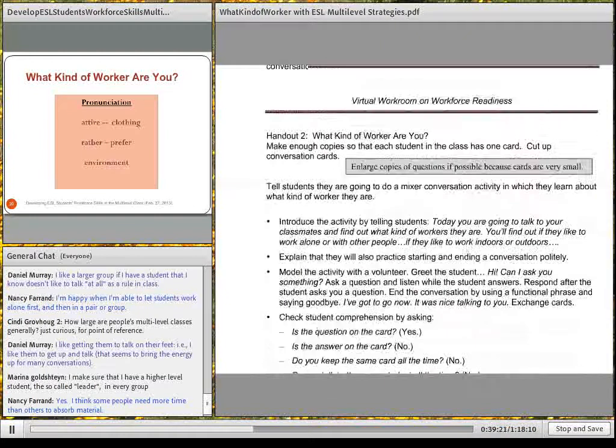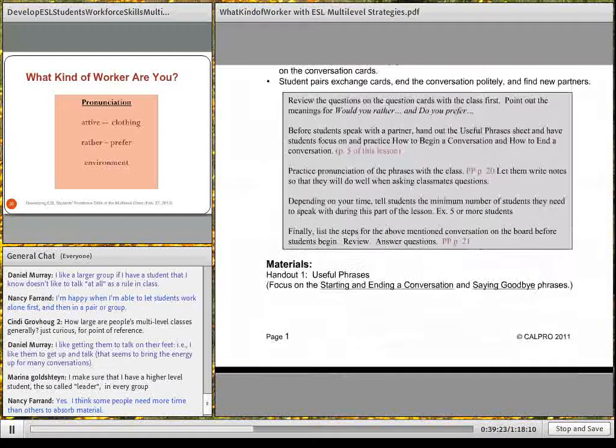Okay, we'll go back up here. All right, then we're in the middle of the page of the lesson on the right. Practice pronunciation of the phrases with the class. And I have a slide over here on the left.